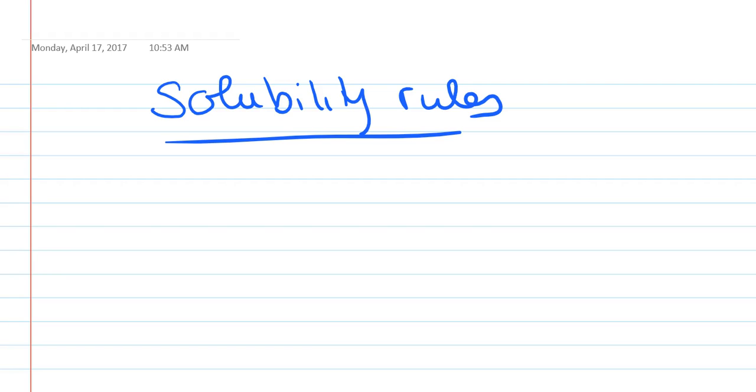So knowing those solubility rules is super important. If you need to review naming, because as I learned from the quiz, several of you had issues with things like naming ammonium nitrate, go review your naming. Go review those polyatomics. Ammonium nitrate, NH4NO3.